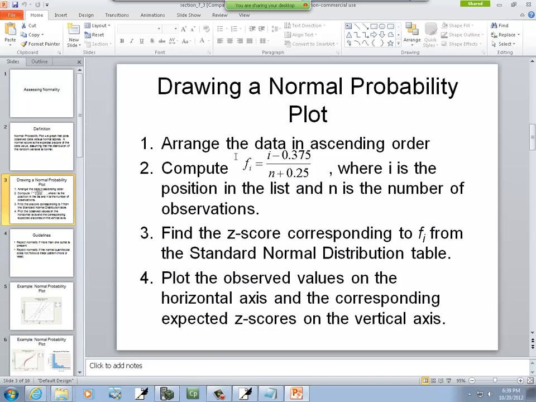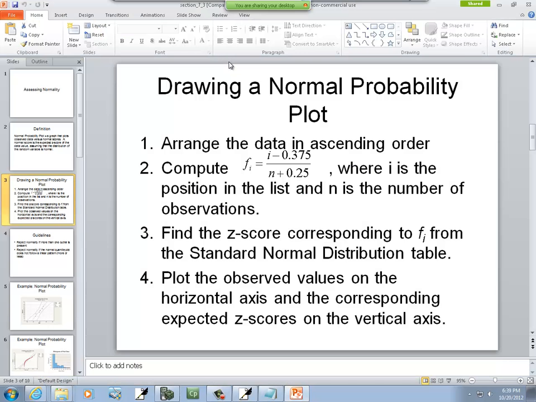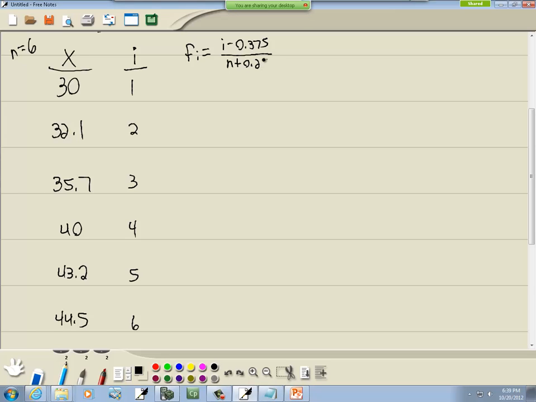And f sub i is equal to i minus 0.375 over n plus 0.25. So for this particular one, i is 1. So we got 1 minus 0.375 over n, which is 6, plus 0.25. This one will be 2 minus 0.375 over 6 plus 0.25.